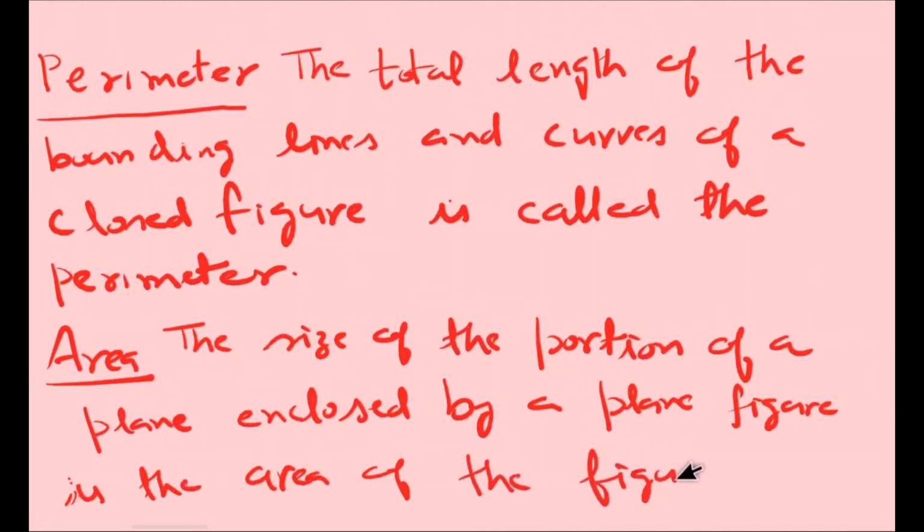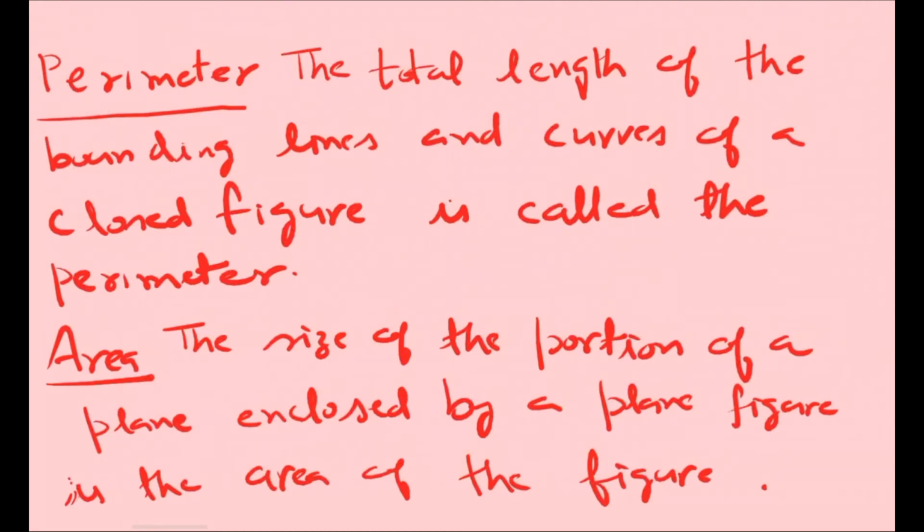So this way, first you have to learn these types of definitions. What is the perimeter and what is the area? So I think what we are going to study, perimeter and area, the topic should be understood by you. Okay.